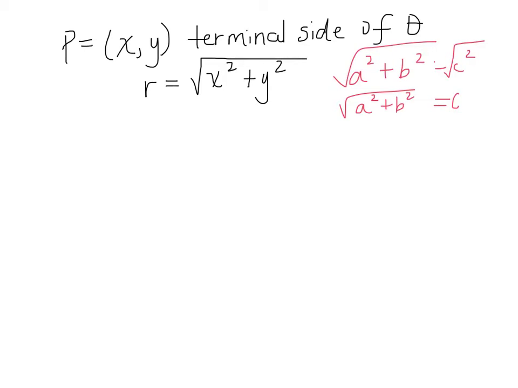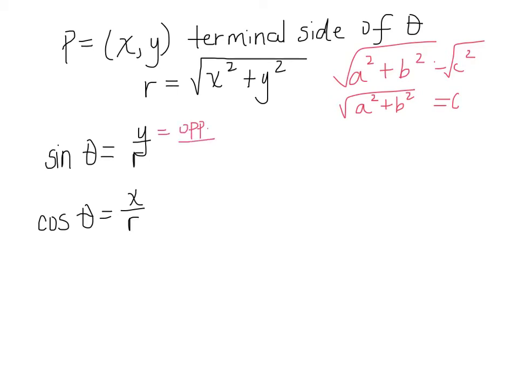So these are the trig functions to help you. So we have sine of theta, which is y over r, cosine of theta, which is x over r. Remember, this is the same thing as opposite over hypotenuse. This is adjacent over hypotenuse.